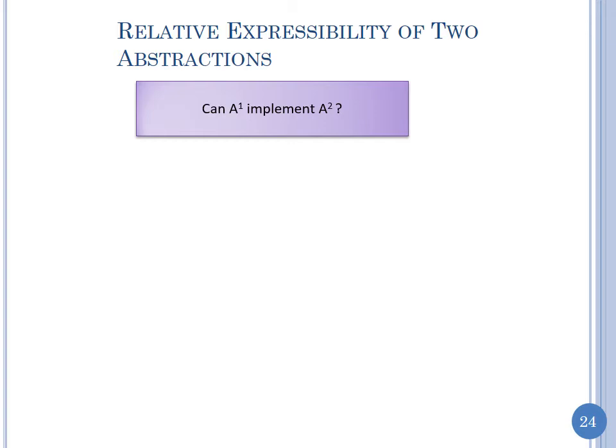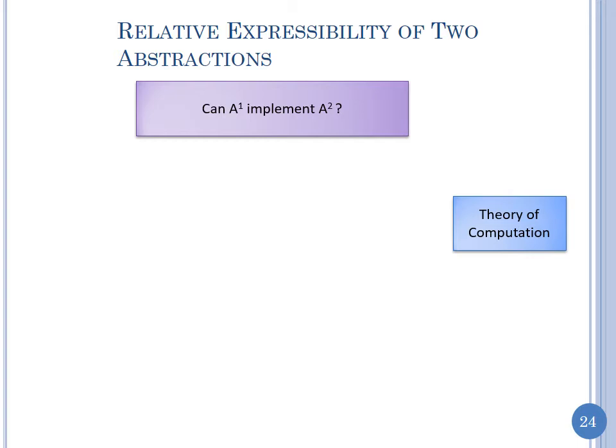Can A1 implement A2? A question like this tells us something about the expressibility of abstractions. Some abstractions are more expressible than others. They can do more problems than others.